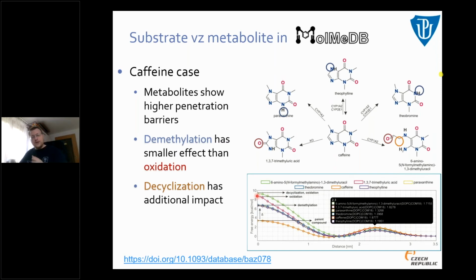And if you add also the dicyclization, you increase it even more. So this is the least permeable compound among the metabolites of these cytochrome P450s or of the caffeine, and that's this 6-amino-5-(N-formylmethylamino)-1,3-dimethyluracil.